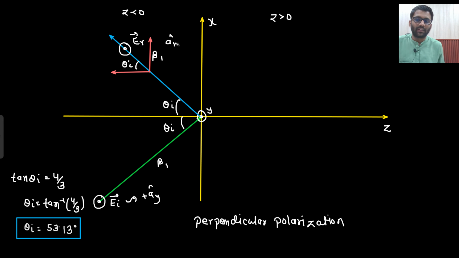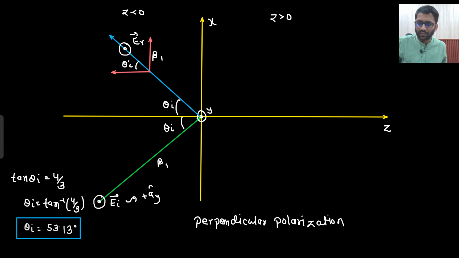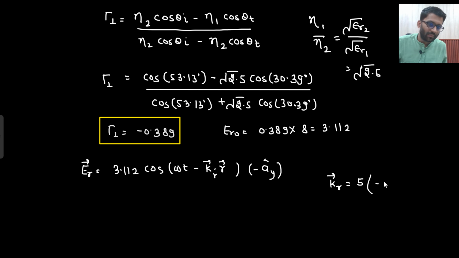So let's write down the direction now. What is your cos theta i? Cos theta i is 3 by 5, right? Cos 53. So minus 3 by 5 a_z cap plus 4 by 5 a_x cap. So minus 3 a_z cap plus 4 a_x cap.